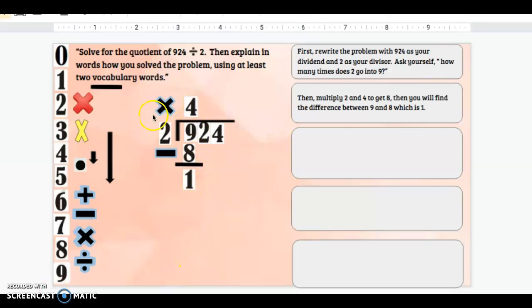So the next thing that we're going to do is we are going to bring down our 2. Okay, we're going to bring down our 2. So now we're going to ask ourselves, how many times does 2 go into 12? And 2 times 6 goes into 12.